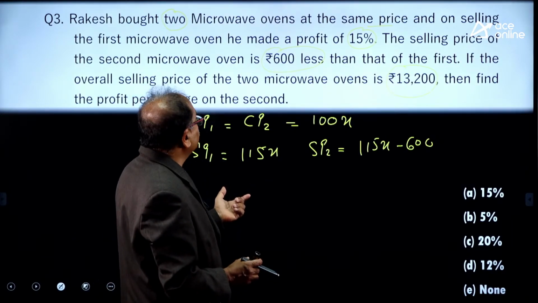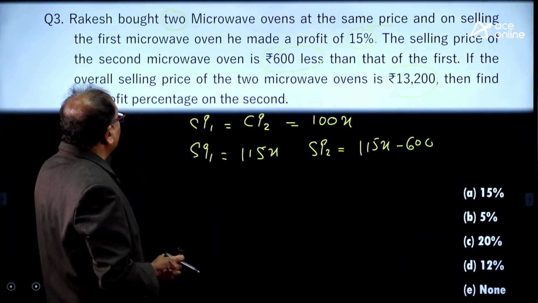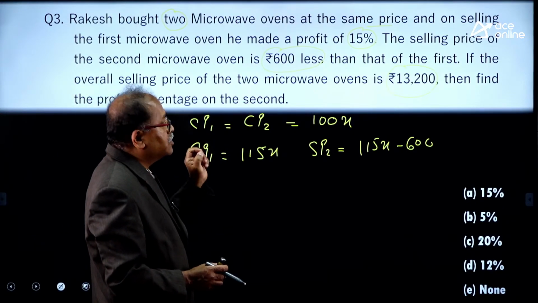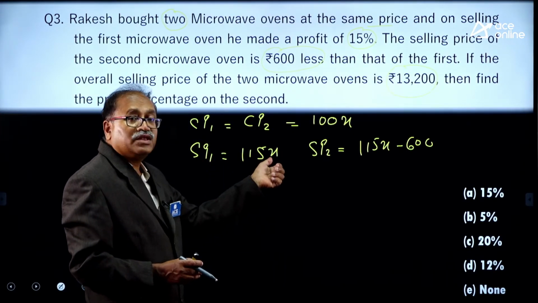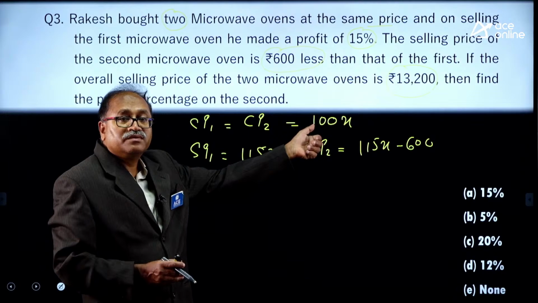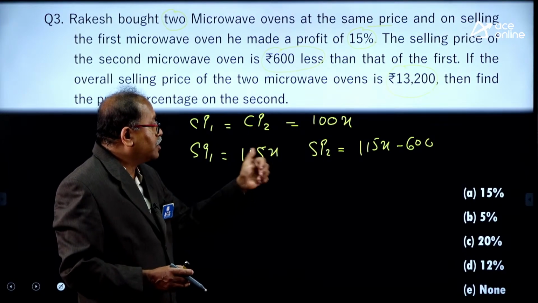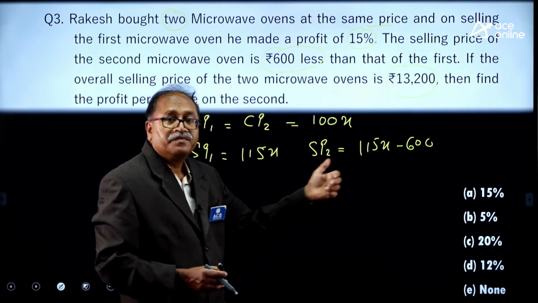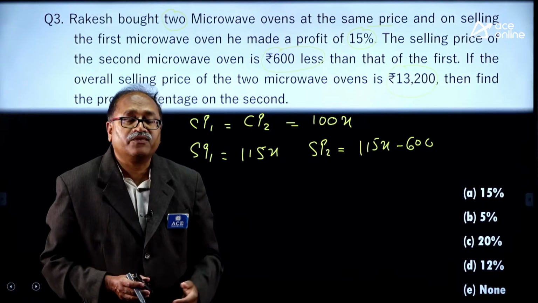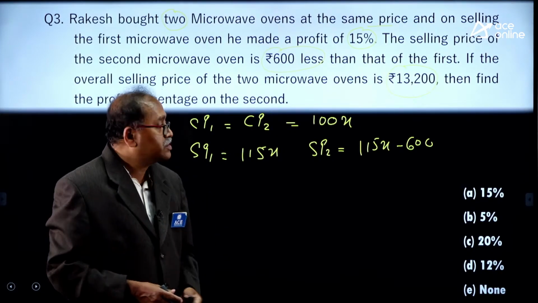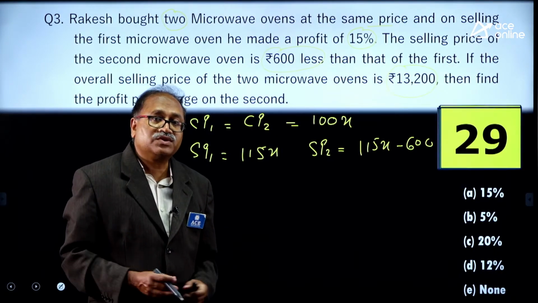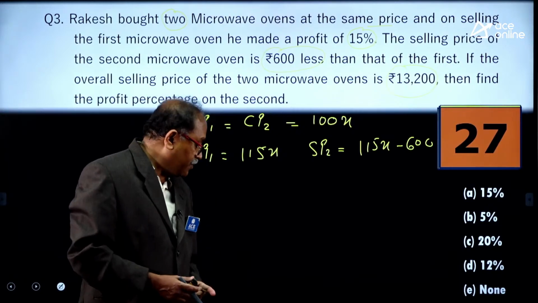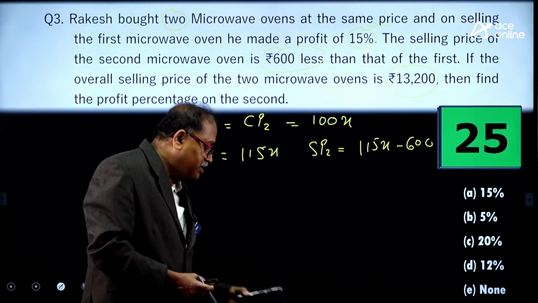And once you get the x value, you are asked to find out the profit percentage on the second one. Once you get the x value, you are getting the 100x, and you are getting the second selling price also. You can find out the profit and the profit percentage. So, your 30 seconds starts now. Come on my friends, try to answer the question.